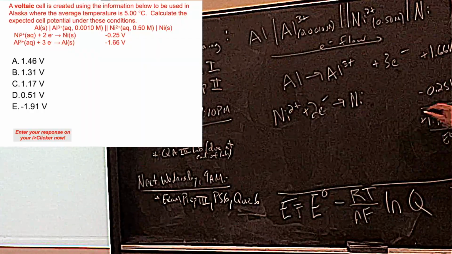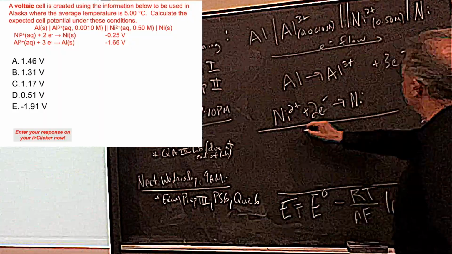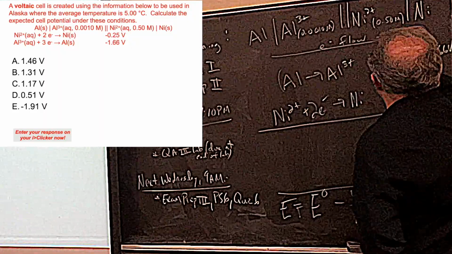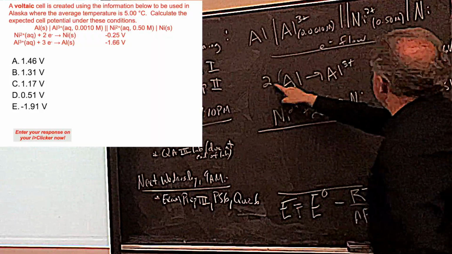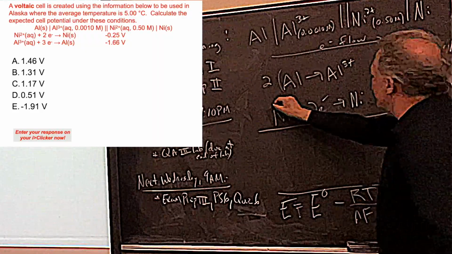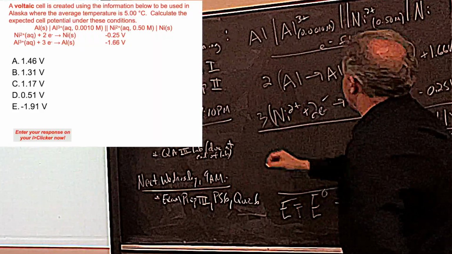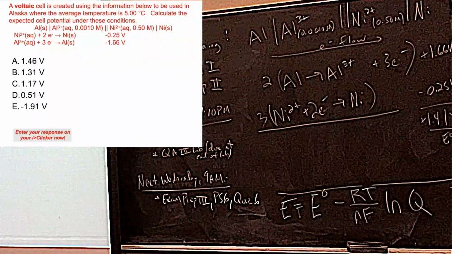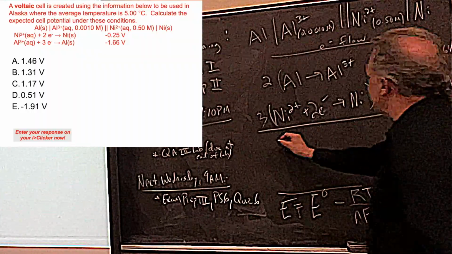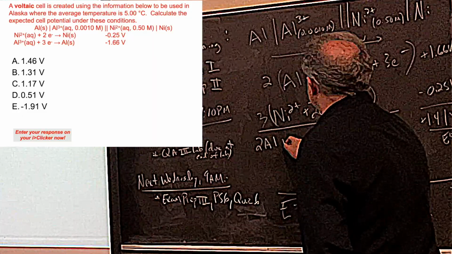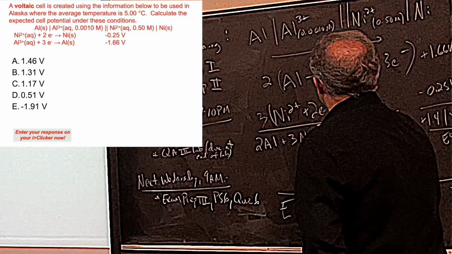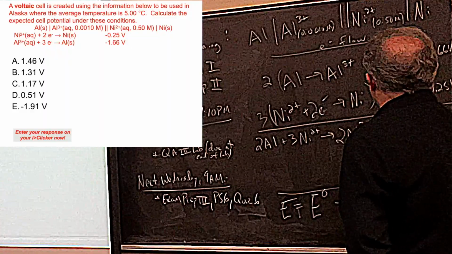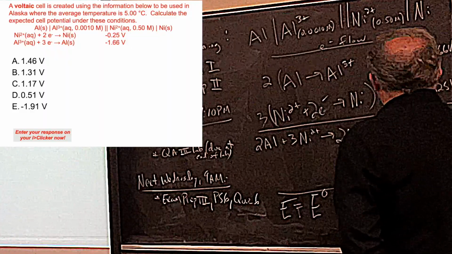I'll talk about why. If we're going to balance this reaction, we need to make sure the electrons cancel. I'm going to multiply the first reaction through by 2, so 2 times 3 is 6 electrons. And I'll multiply the second reaction through by 3, because 3 times 2 is 6 electrons. So when all is said and done, 2 Al and 3 nickel 2+ goes to 2 aluminum 3+ and 3 nickel.